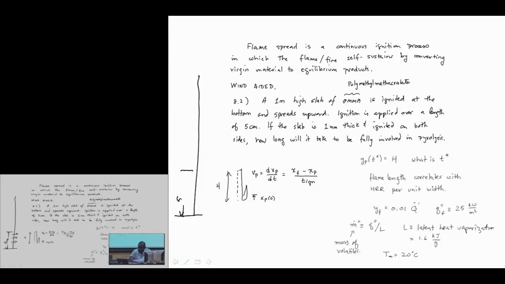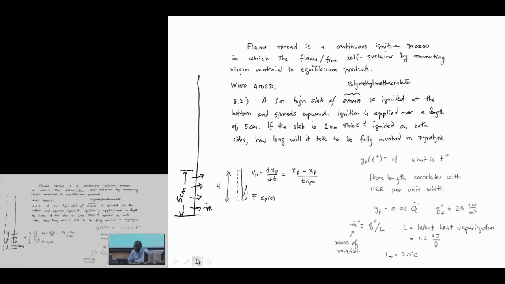Once we have ignition, the assumption is that we have a mass flux of the methyl methacrylate, this fuel, out of the region that has been ignited. The slab is 1 millimeter thick, ignited on both sides, so we can think about some axis of symmetry.